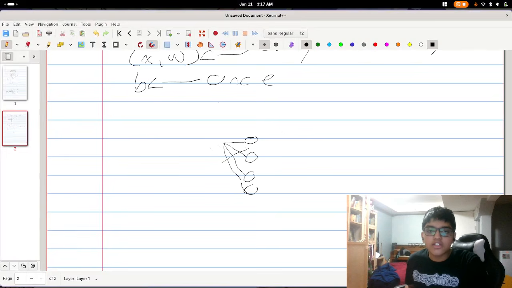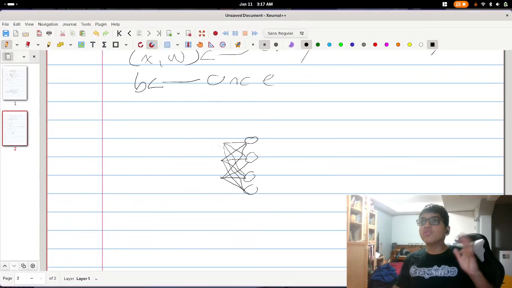So each neuron gets the same n inputs. The way we've implemented it, the weights are fed in to the layer.